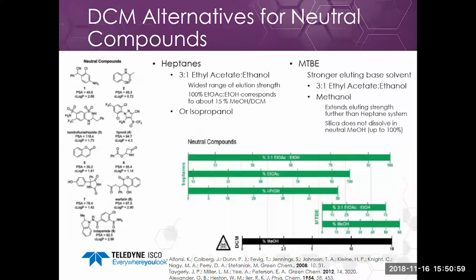Alternatively, they expanded the elution strength range by using methyl tert-butyl ether. They were using a stronger base phase, the ether versus heptane, which is a stronger solvent, and then combining that with either 3-to-1 ethyl acetate ethanol or methanol to give you a more polar base and extend the range of the relative solvent strength.